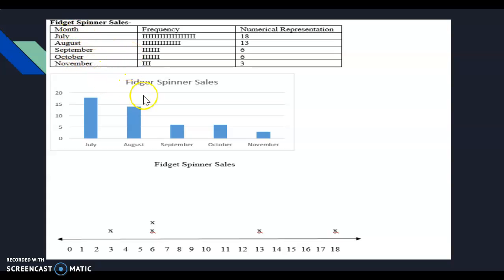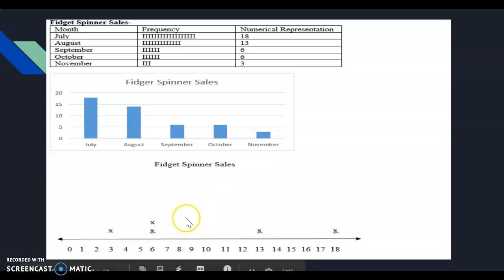Here in the middle, you're seeing a scale bar graph, and the same data is displayed inside of here. So November, you've got 3. Let's go find November. It should be at 3, and you go all the way over, and it is at 3, right in between 0 and 5.